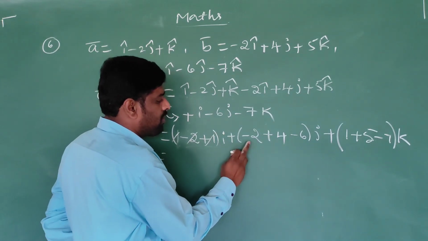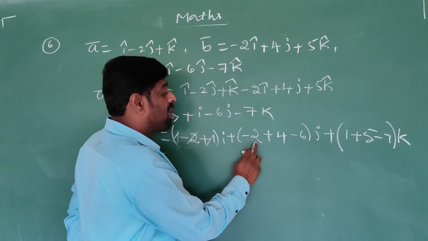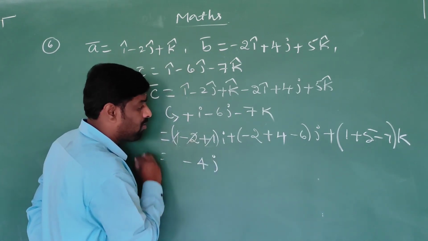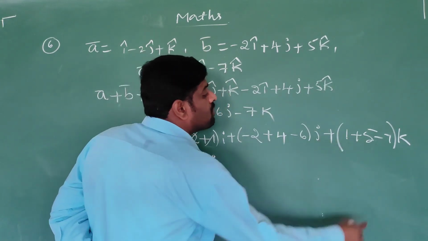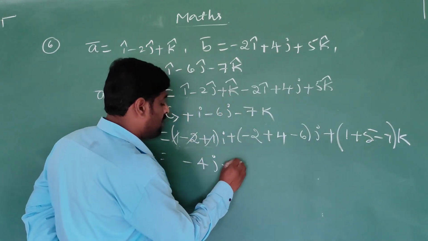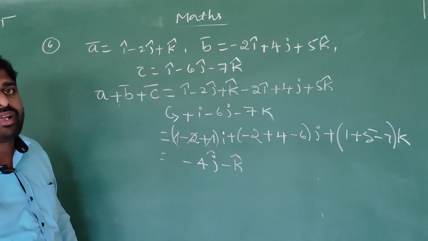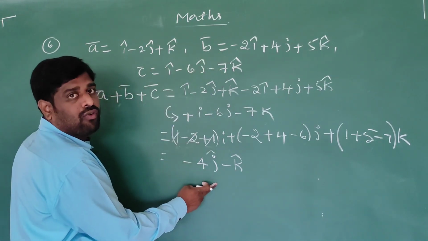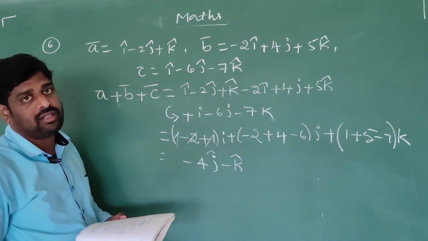For the j component, minus 2 minus 6 is minus 8, minus 8 plus 4 is minus 4j. For the k component, 1 plus 5 is 6, 6 minus 7 is minus k. So the sum of a bar, b bar, c bar is minus 4j minus k. This is the solution of the 6th question.